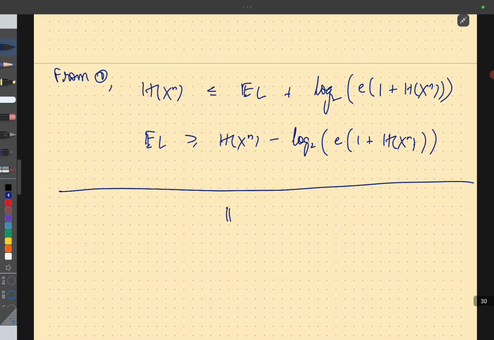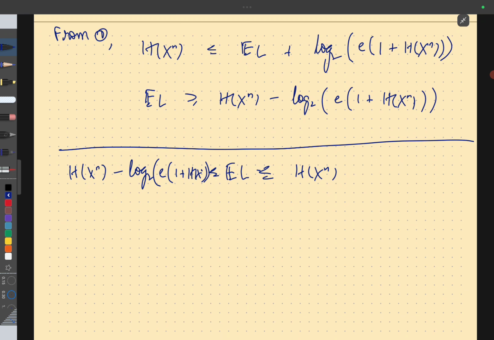What we've shown is that for the optimal scheme, the expected length is less than or equal to H(X^n), and upper and lower bounded by H(X^n) minus log e times (1 plus H(X^n)).